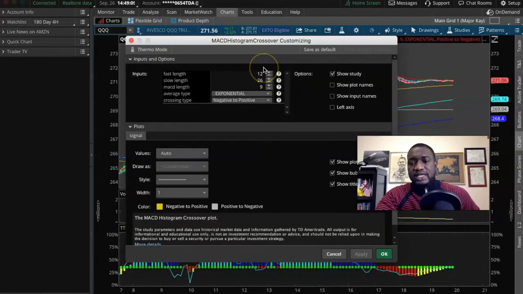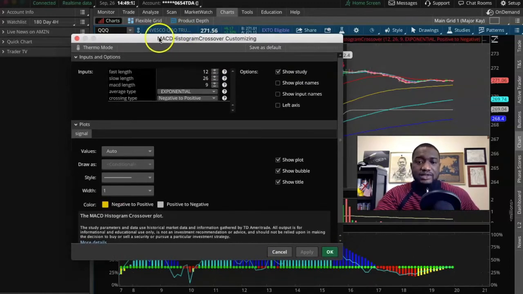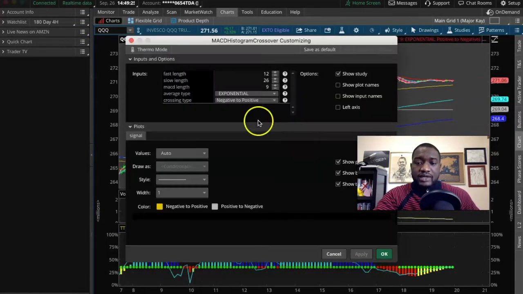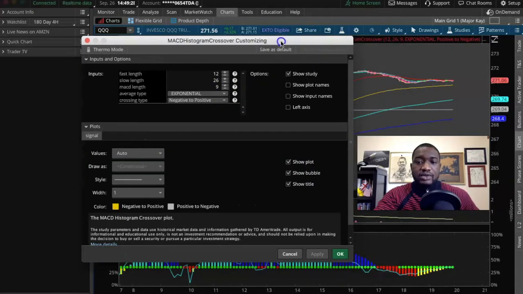It's basically used in MACD. So this is actually called the MACD histogram crossover. It basically measures divergence in a stock. So I use that. I'm going to be explaining this more in the upcoming videos.